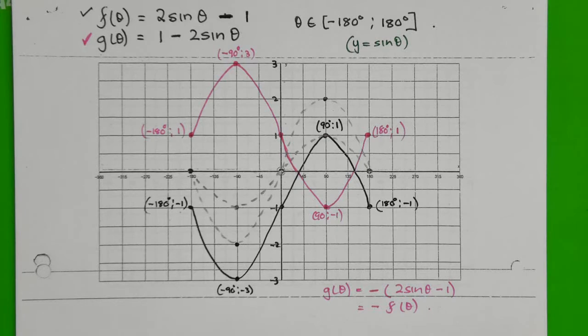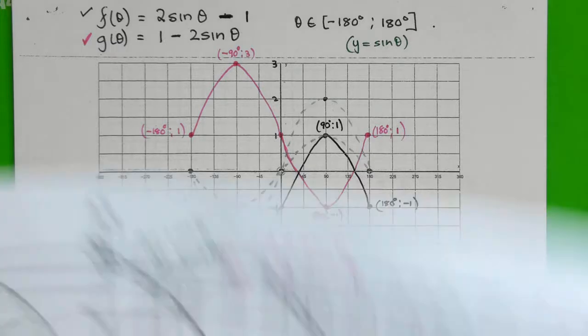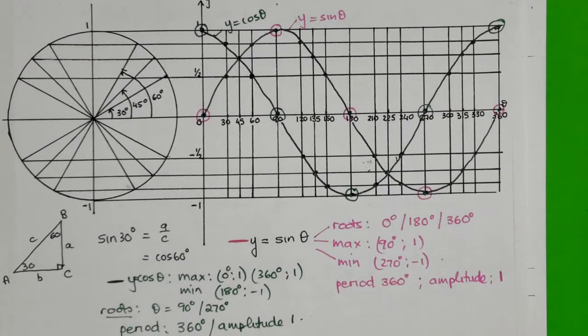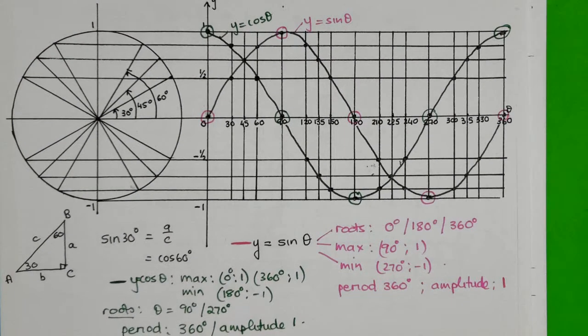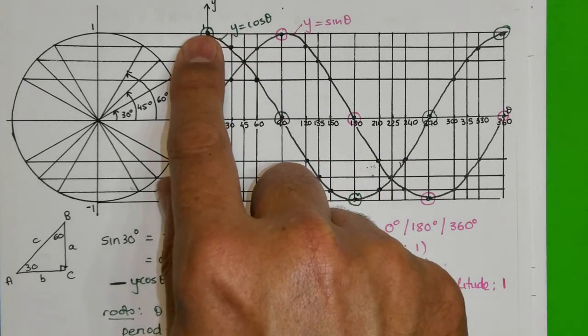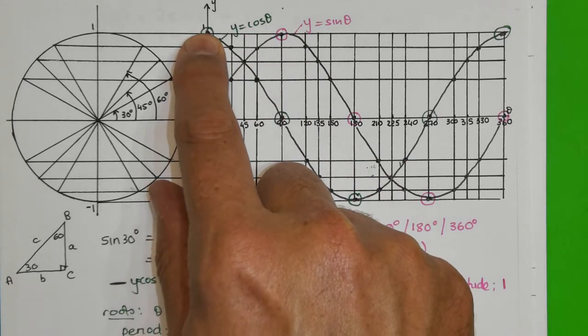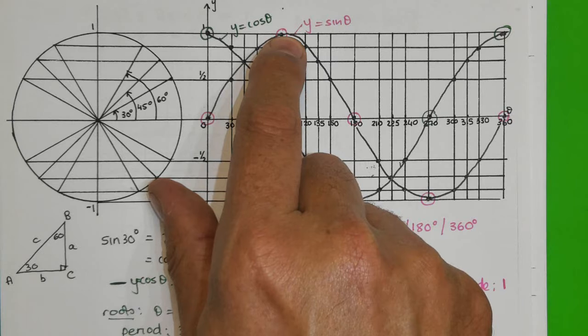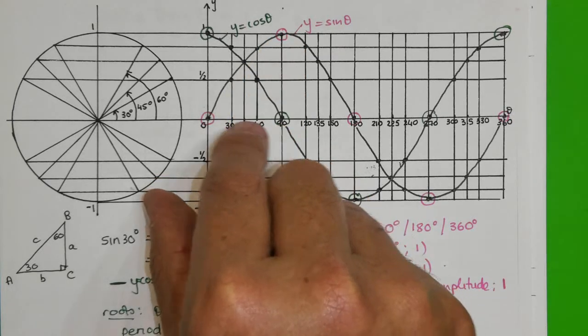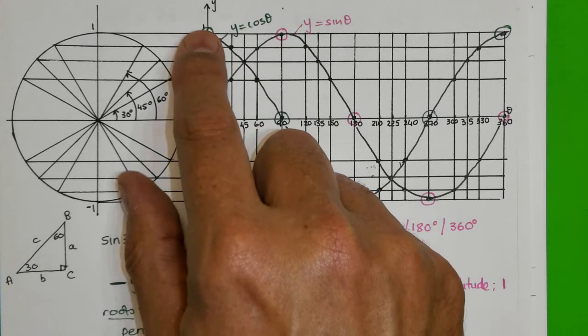I hope that that made perfect sense. Now, let me just remind us of what we saw in the very first video clip, where we saw what happened to sine and cosine and how they're different. Cosine happened 90 degrees before sine. Where sine has a maximum at 90 and 1, cosine will have its maximum at 0 and 1.